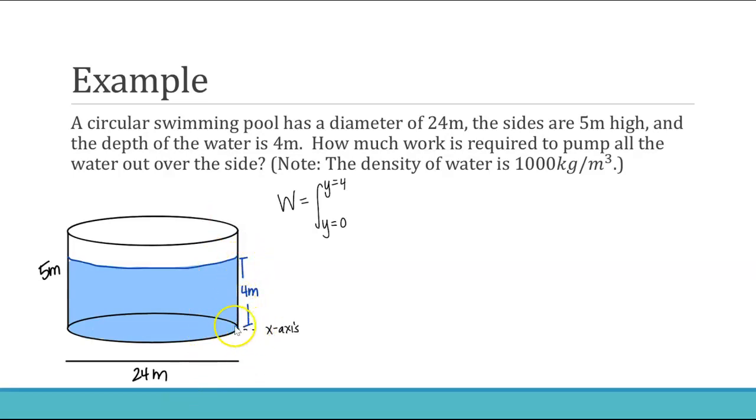So again, if the bottom of the pool is the x-axis, that's y equals 0. The depth of the water is 4 meters, so that means that the limits of integration extend from 0 to 4. And then what we're integrating, that force, f of y, has those three components. So we have distance lifted times the weight of the liquid times the volume of the slice.